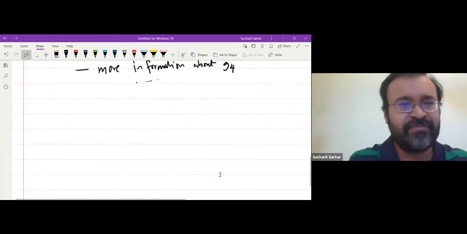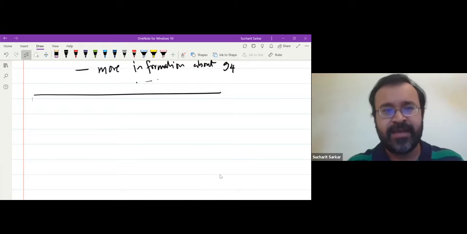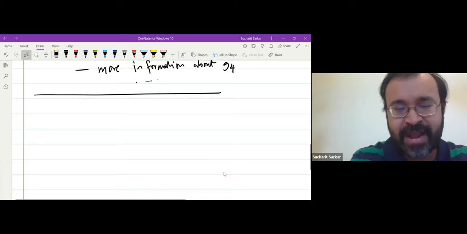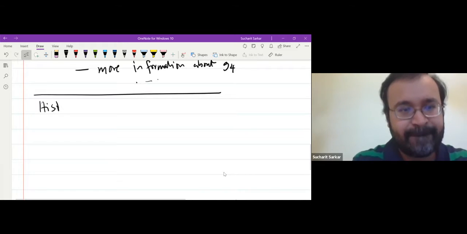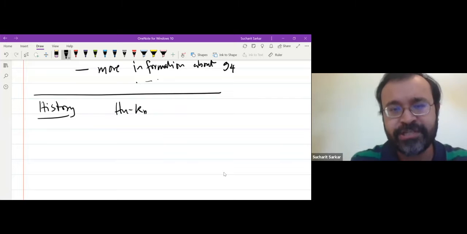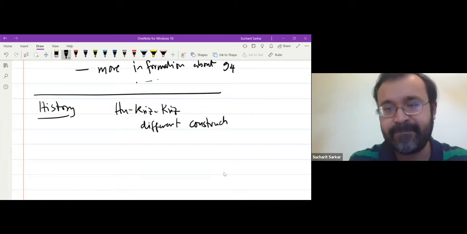So let me mention a few of the things people have been working on, or what we have been working on since coming up with this space. A little bit of the history: around the same time we were constructing this space, Krish and others were also constructing a space, so they came up with a different construction of the same space.